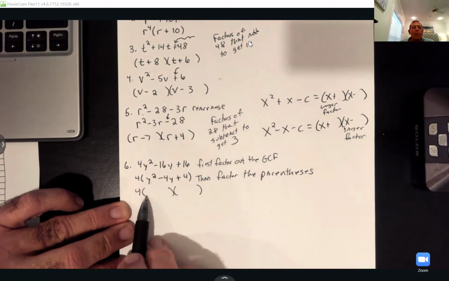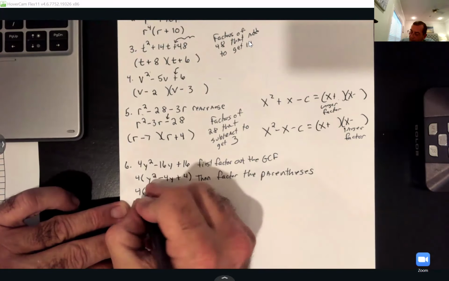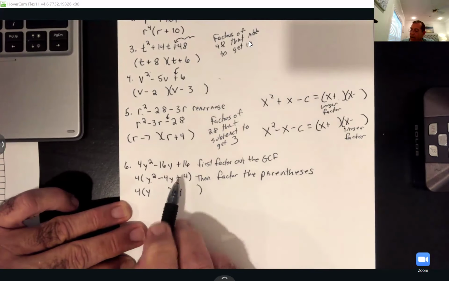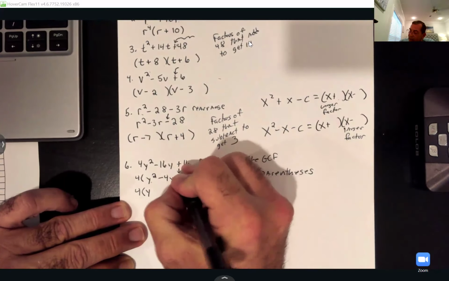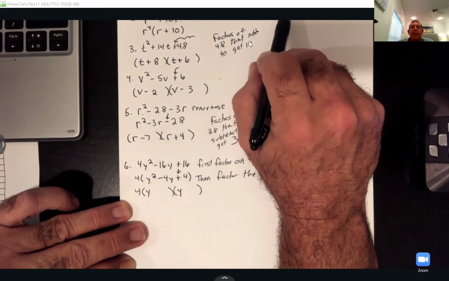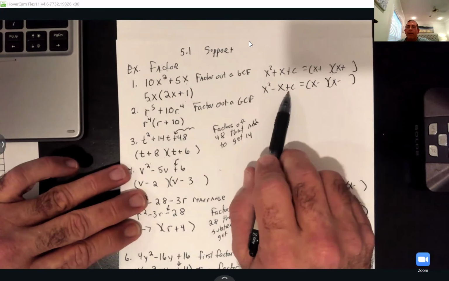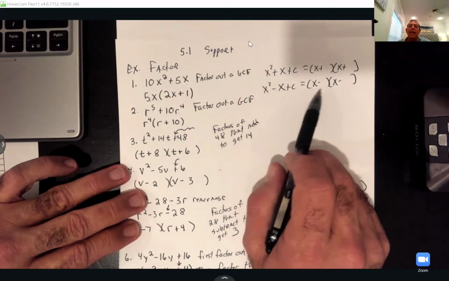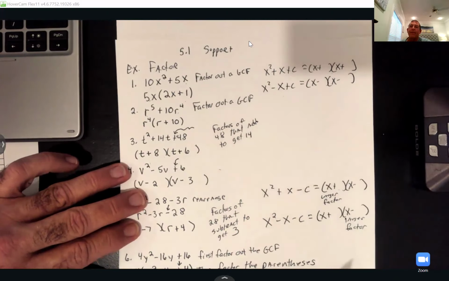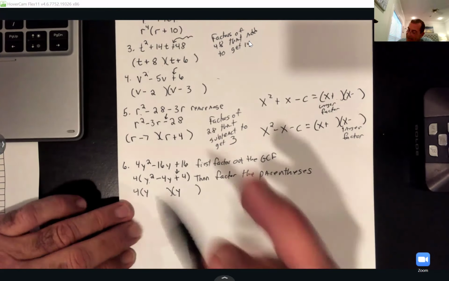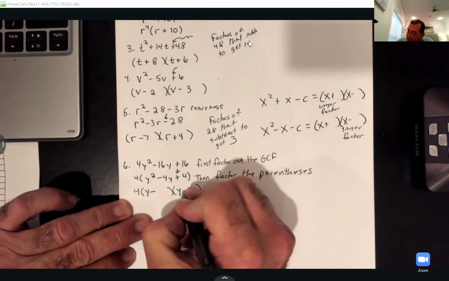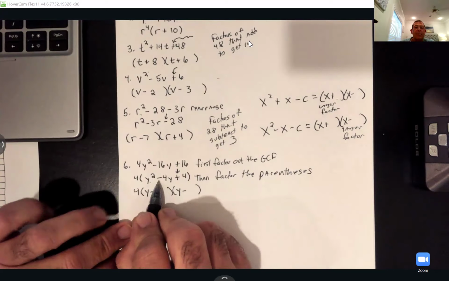So the y squared would make a y and a y. All right, the last number is positive. So when the last number was positive a while ago, and the middle was negative, we said they would both be negative. Because remember, they got to be like signs. So like signs are both like the middle.